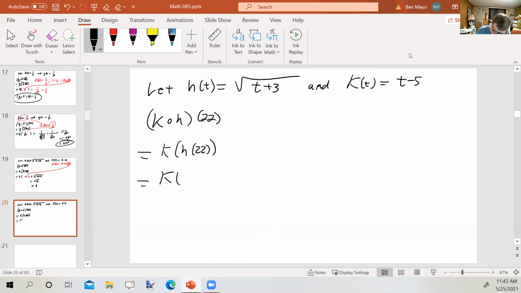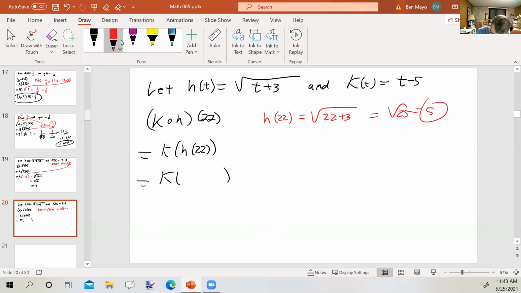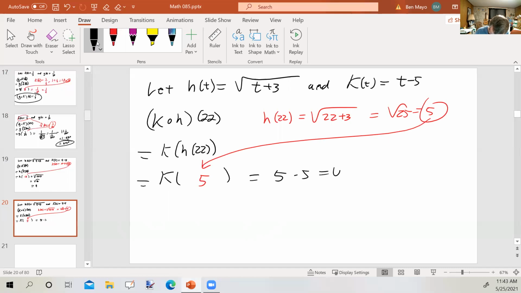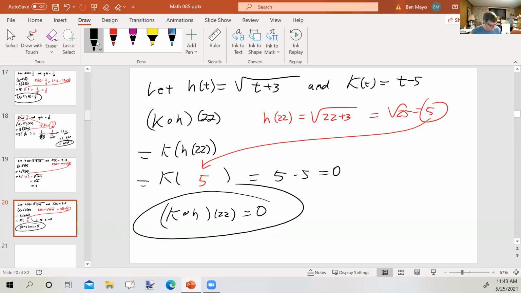What is h of 22? That's the square root of 22 plus 3, which is the square root of 25, which is 5. So that's going to go in here. And k of 5 is 5 minus 5, which is 0. So k composed with h of 22 equals 0.